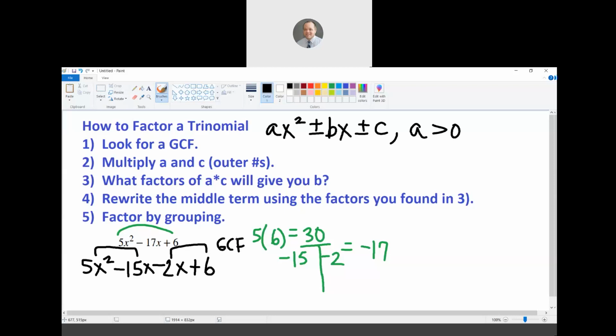The first two terms, starting with the numbers, both 5 and 15 are divisible by 5. And among the common x's, remember you pull out the smallest exponent to get a GCF. So that is 5x. Now we must write what's left over in parentheses. What's left is x minus 3.